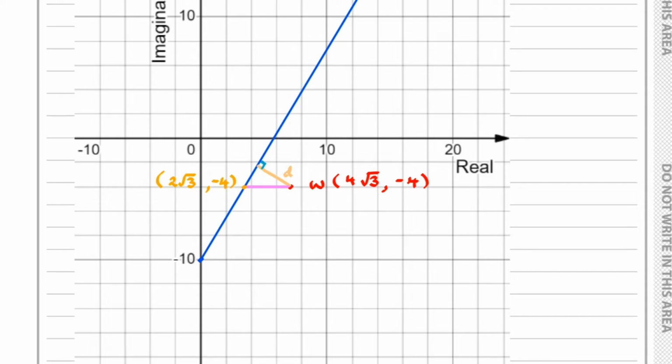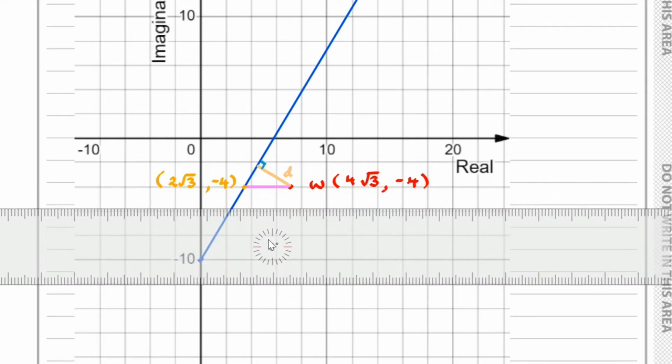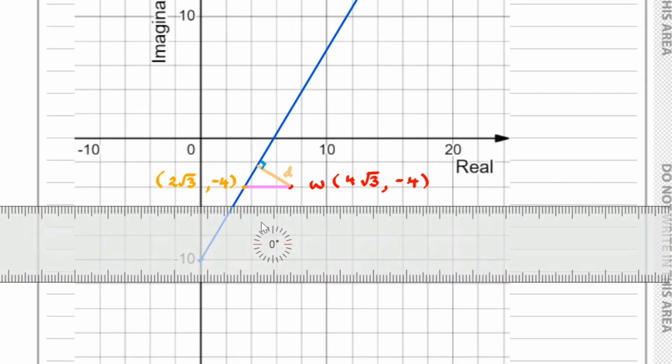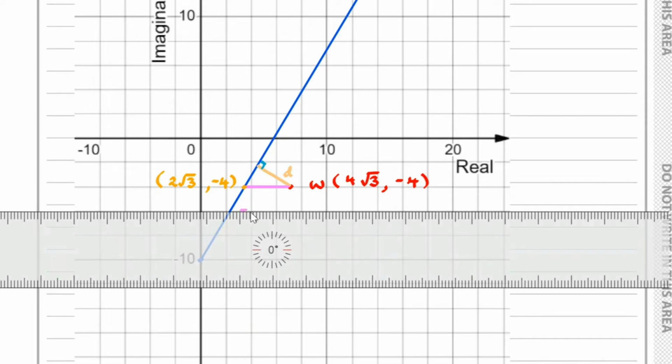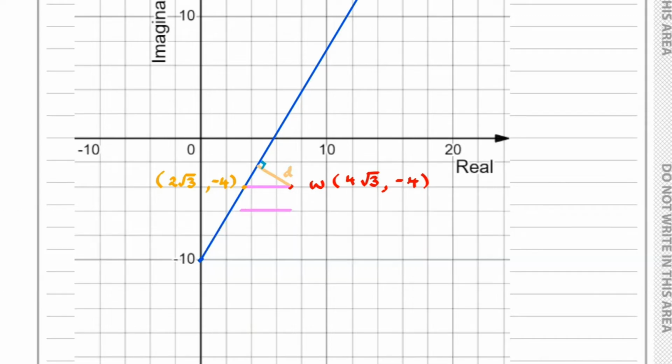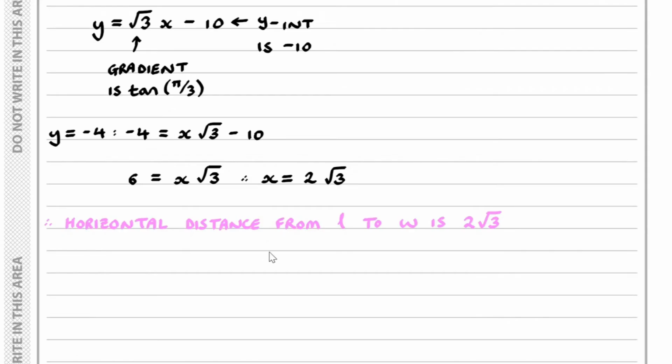And so what we can therefore conclude is this distance will equal, well, we are going from 2 root 3 to 4 root 3, so that distance is 2 times the square root of 3. And so the horizontal distance from L to W is 2 root 3.